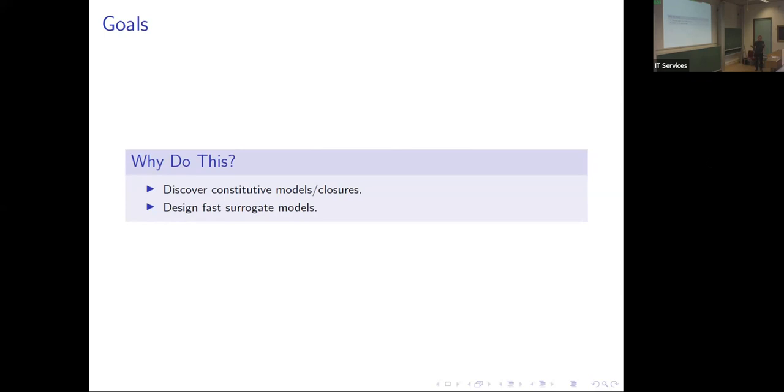But I think there are interesting questions about doing this for closures in problems where there is not a clear separation of scales. And that is a subject area which has yet to be systematically developed. But the methodologies I described could potentially be useful in that setting and potentially useful in turbulence for that reason.